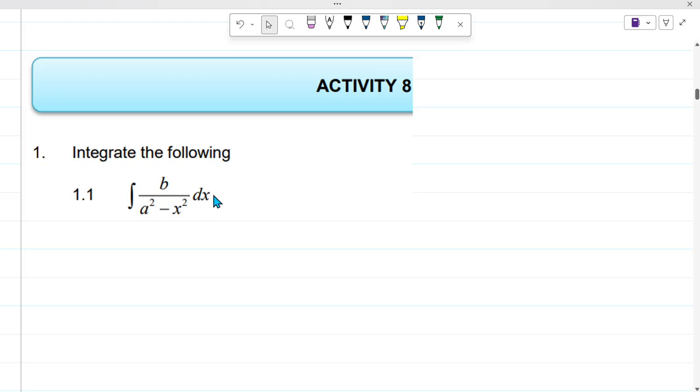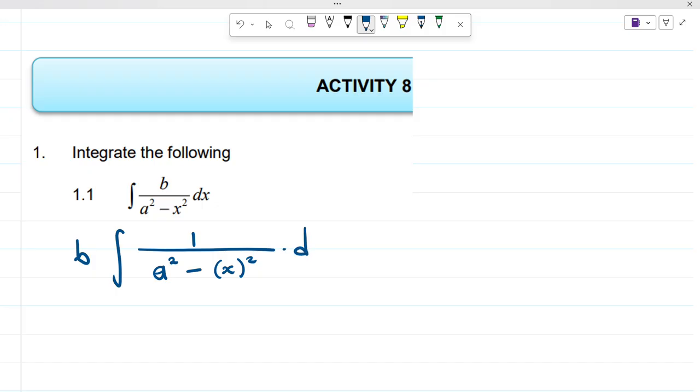Because we're integrating with respect to x, our main focus has to be on the x. So what can we do? The first step to these things of integrating inverses is to rewrite your equation in a nice way first. Here we're given b, so I'm going to take my b outside the integral and be left with 1 over a squared minus x squared dx.